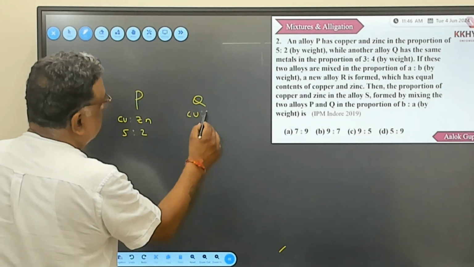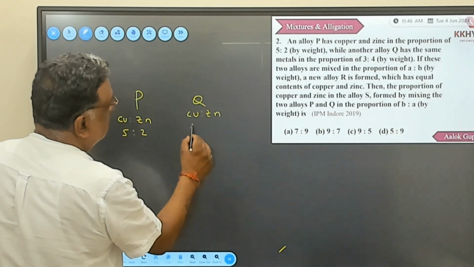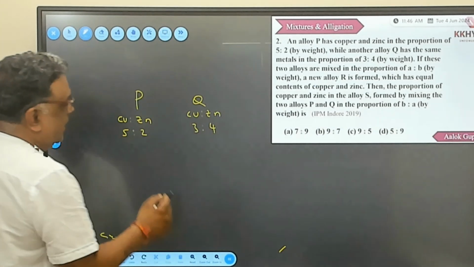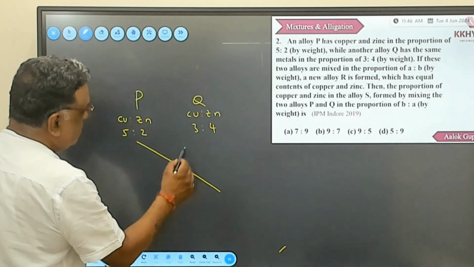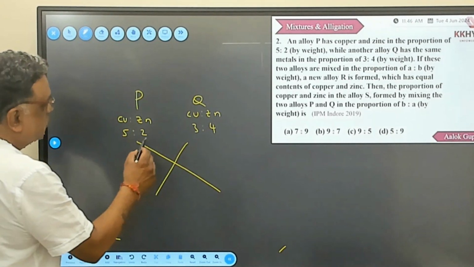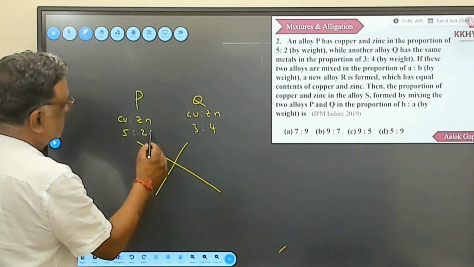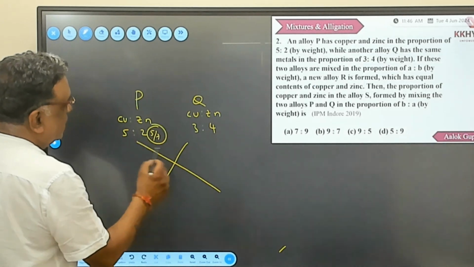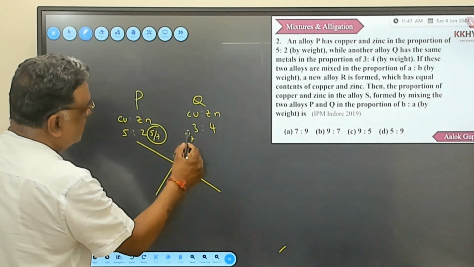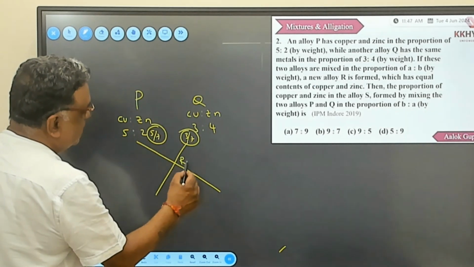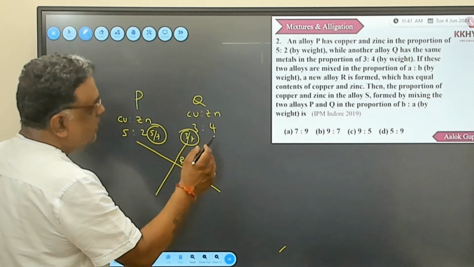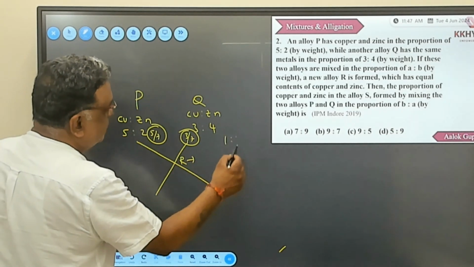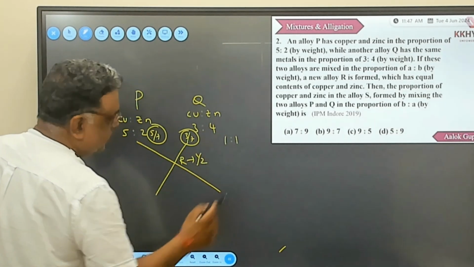Here is copper and zinc in the proportion 3:4. I'll apply alligation on copper. So copper here is 5/7. Copper here is 3/7. When R is formed, the copper and zinc are in proportion 1:1, which means copper would be 1/2. Correct?